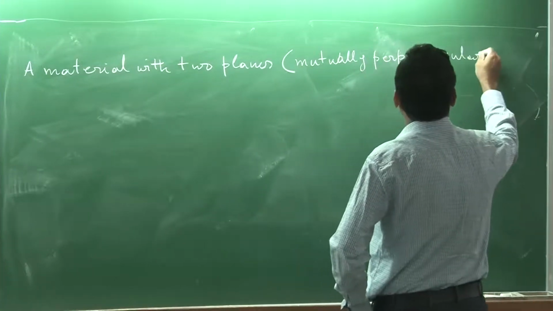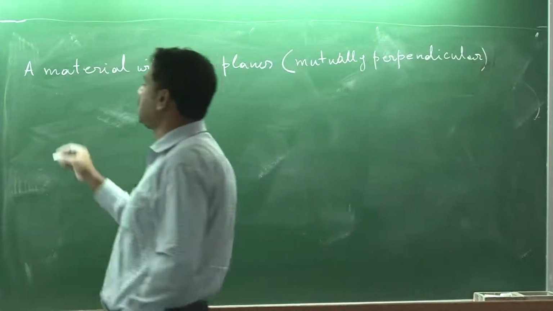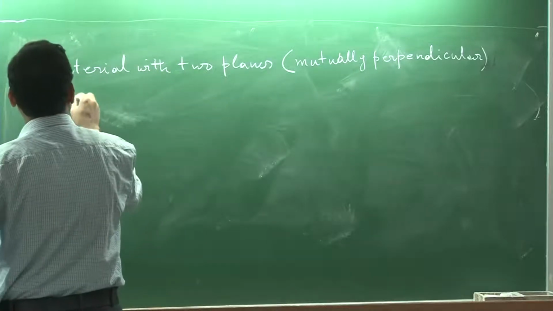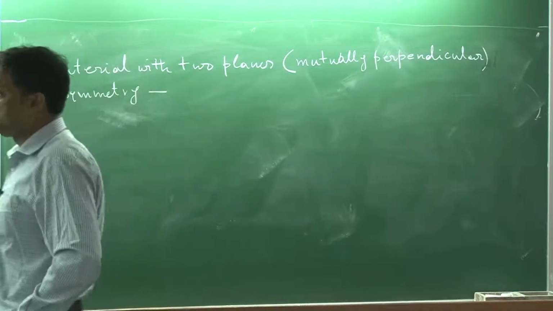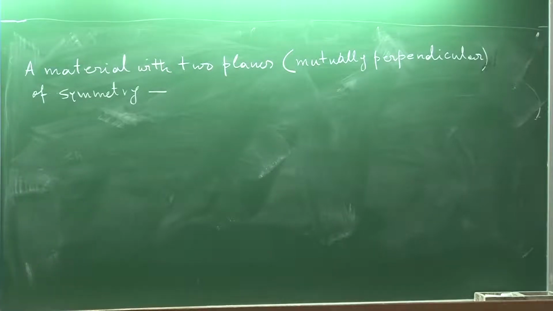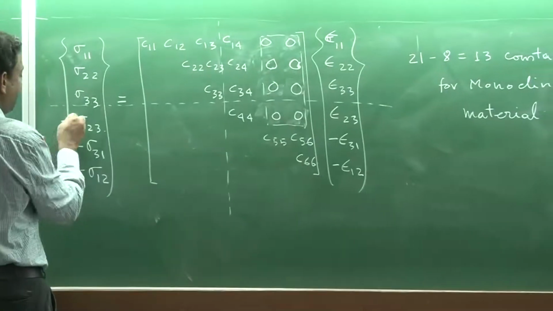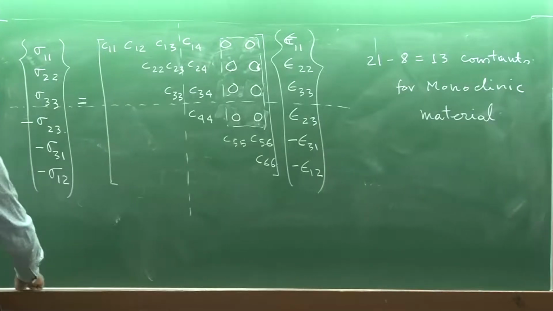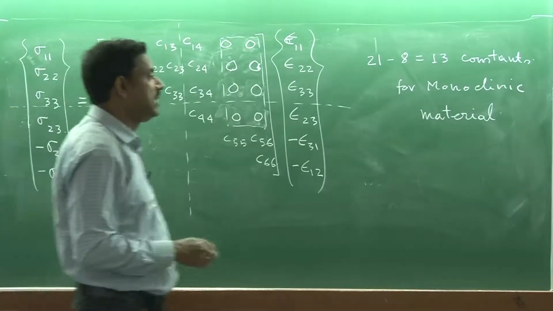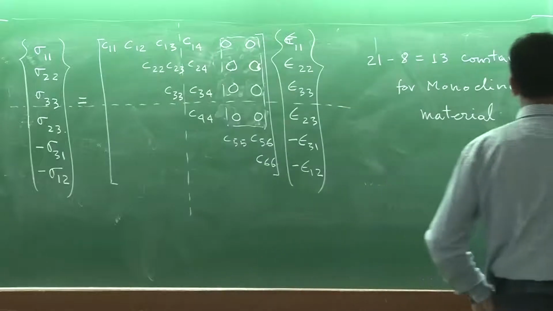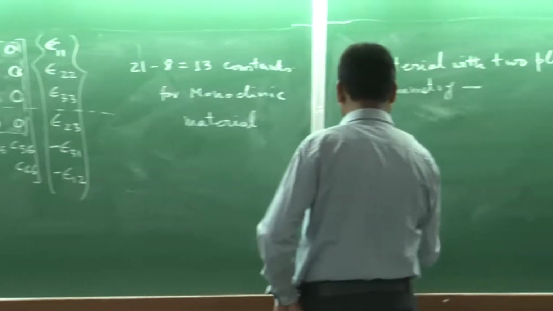You know the axis, two planes of symmetry. If it has two planes of symmetry, then what is happening? This is being minus, right? Two planes of symmetry, that means here you come, one second, let me write it down.